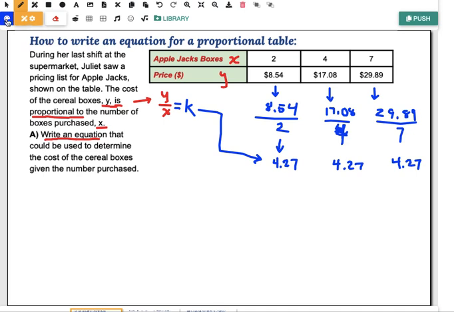So now I'm going to write 427 right where K would be.